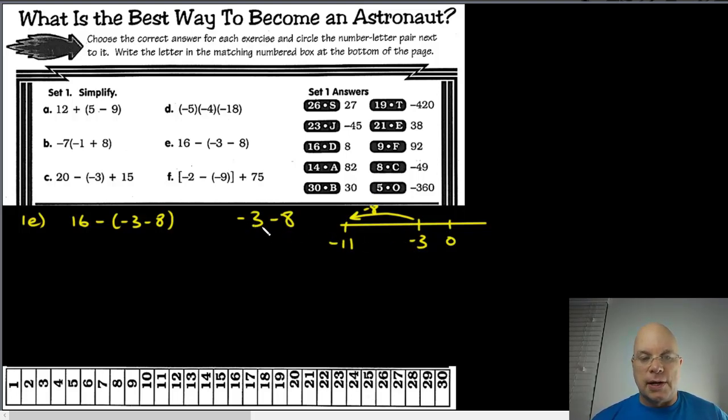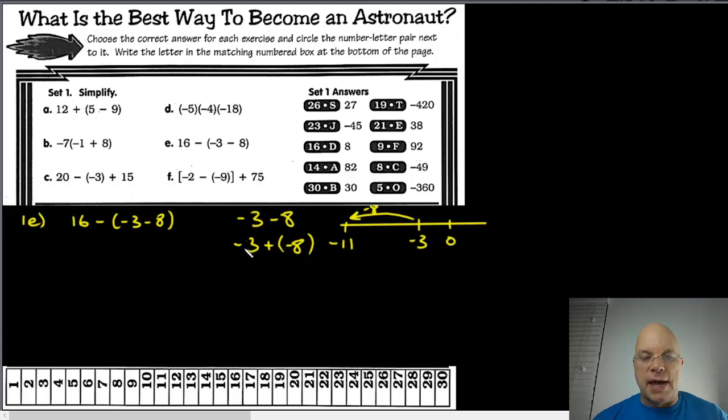If not, you can use the definition of subtraction. Subtracting is the same as adding the opposite. So subtracting 8 is the same as adding the opposite of 8. So -3 minus +8 is the same as -3 plus the opposite of 8, which is -8.